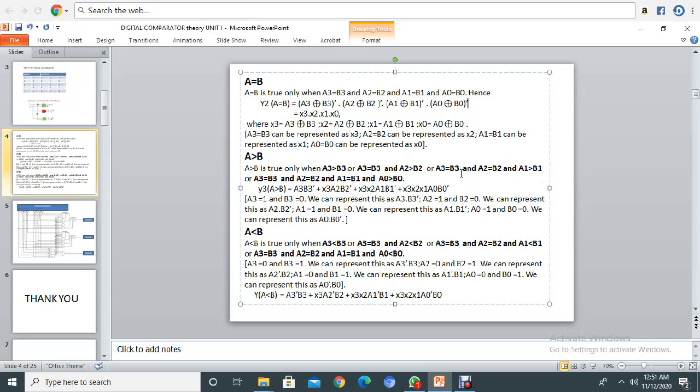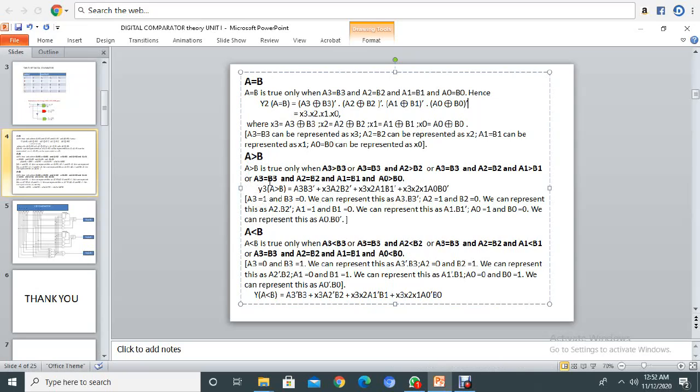If A3 is equal to B3 and A2 is equal to B2 and A1 is greater than B1, we can say that A is greater than B. Or if all the first three bits are equal, fourth bit A0 is greater than B0, then we can say that A is greater than B.